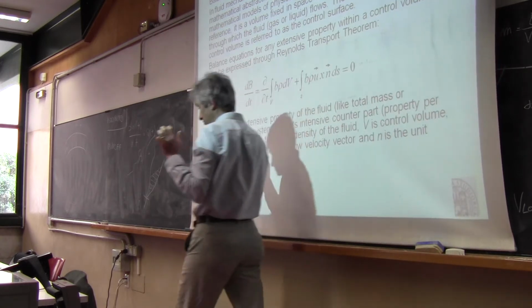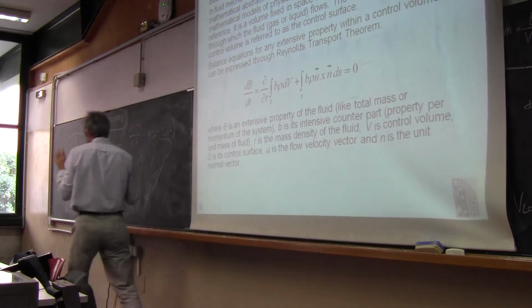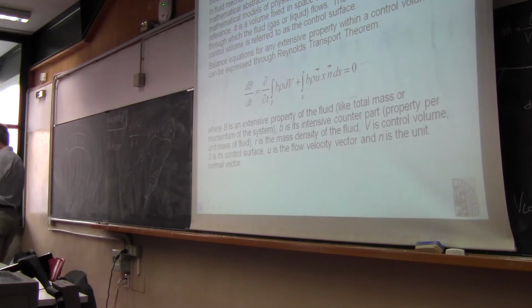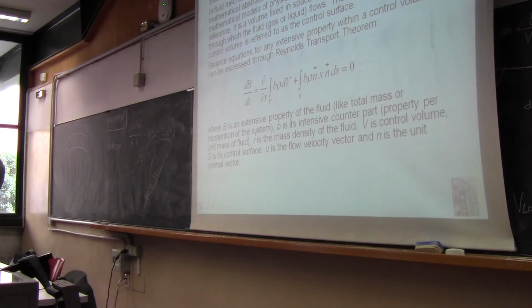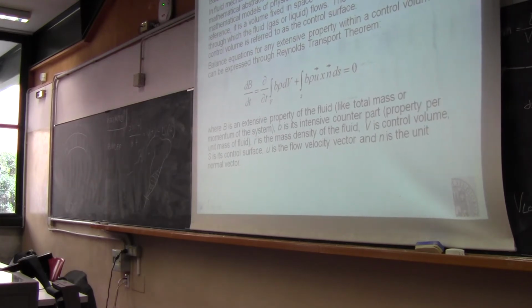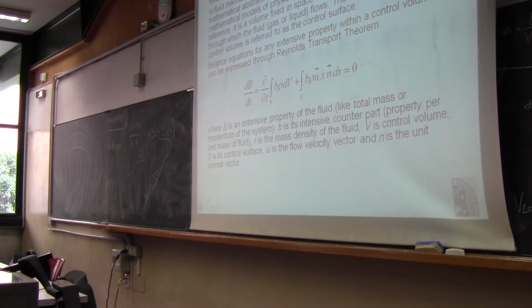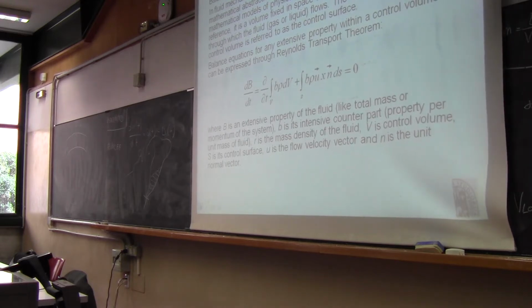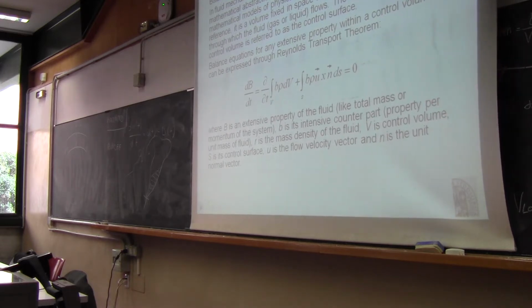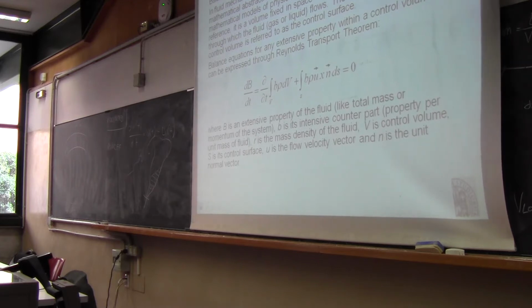So, what's the difference? Let me make an example. If I have a glass of water, let me consider the temperature. The temperature is an intensive property. It means that even if I took half of the glass of water apart and made another measurement, the temperature remains the same.